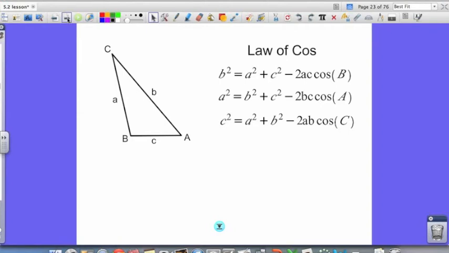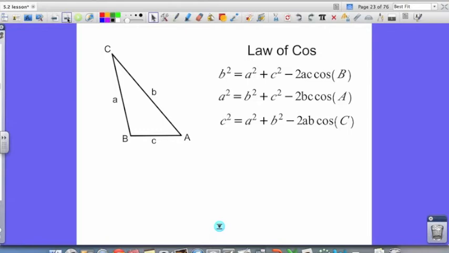So ultimately, these are the laws of cosines, these three formulas. Like I've mentioned in class before, you can memorize the formulas or you can just understand the concept. With law of sines, instead of memorizing sine of A over side A equals sine of B over side B, I usually would phrase it as the sine of an angle divided by the side opposite.